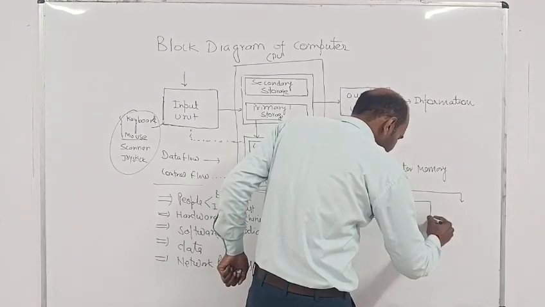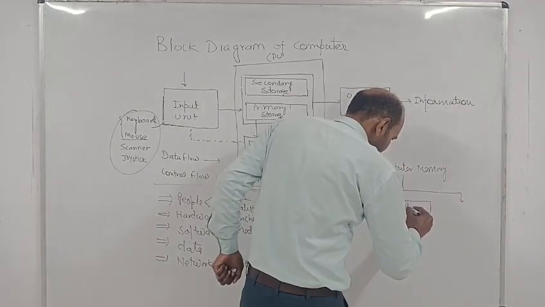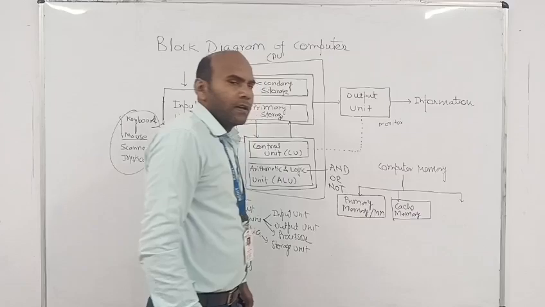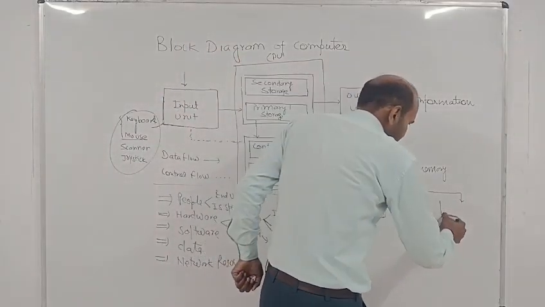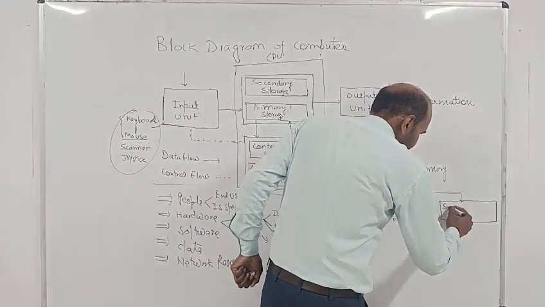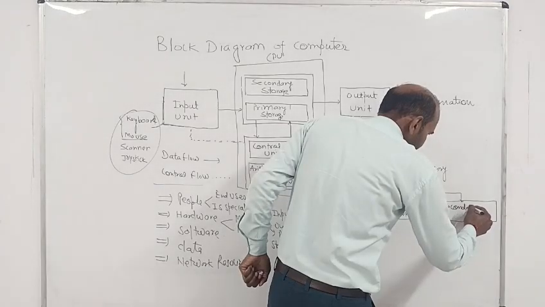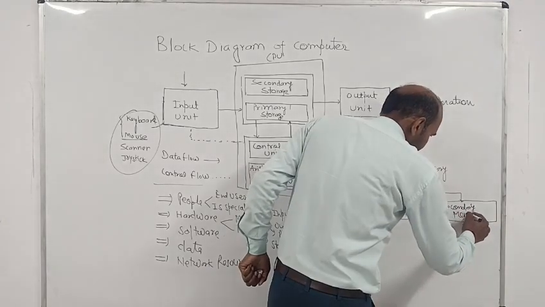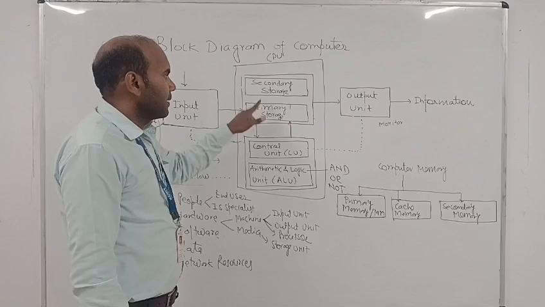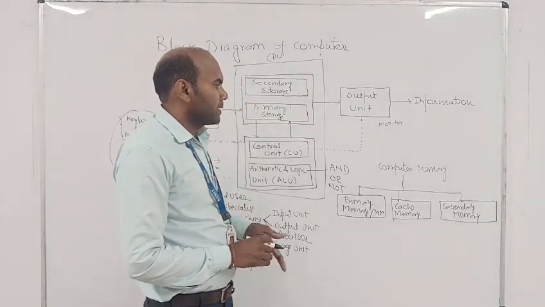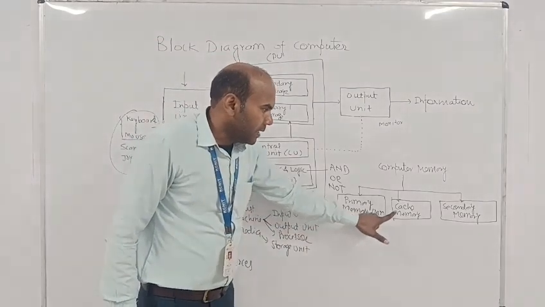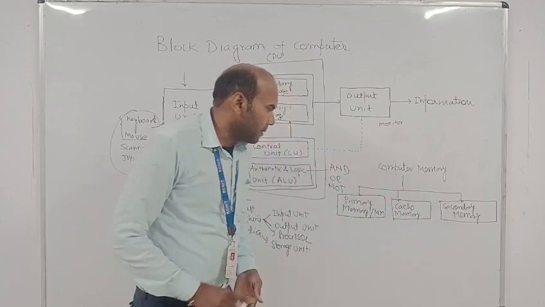Second is the cache memory, and third is the secondary memory. So computer memory is classified into three main types: primary memory or main memory, cache memory, and secondary memory.